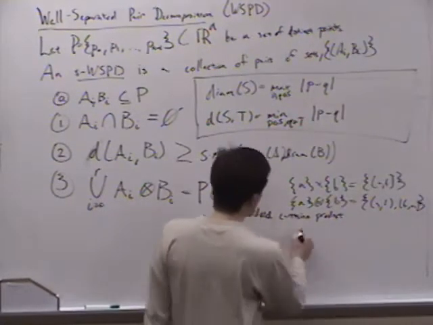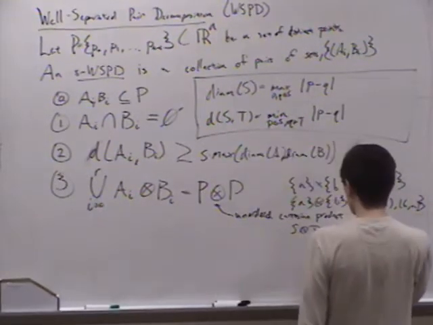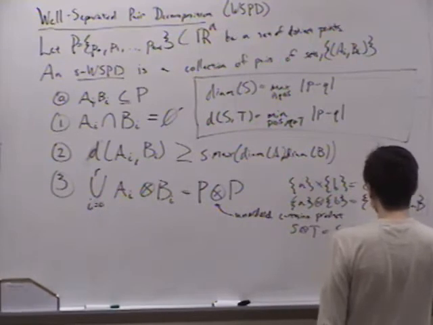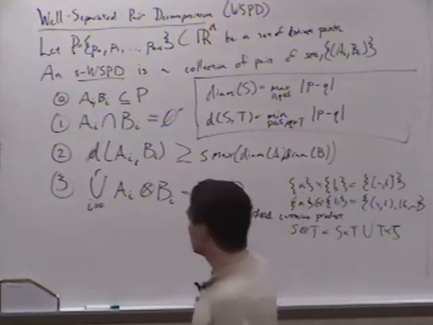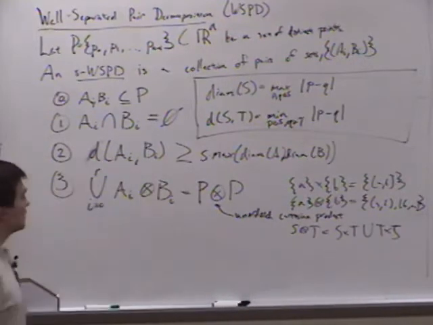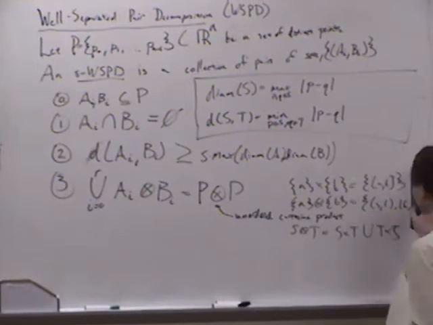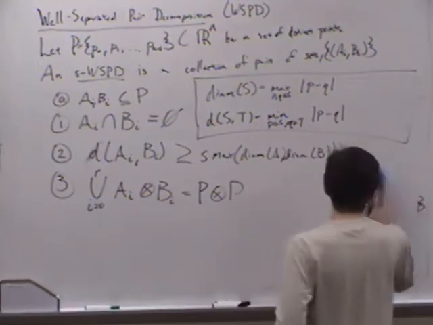So another way of thinking about it is that if we write S, circle Cartesian product with T, this is just S cross T union T cross S, right? Just because we want to keep track of the fact that these things aren't ordered. So it's sort of like a commutative Cartesian product, or however you want to call it. OK, not too important, but I just don't want to confuse anyone with that.